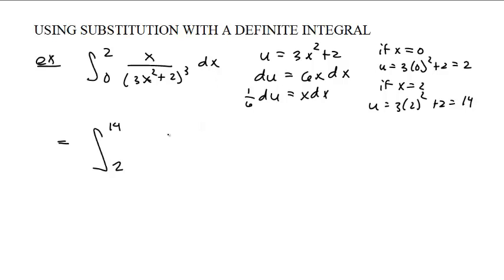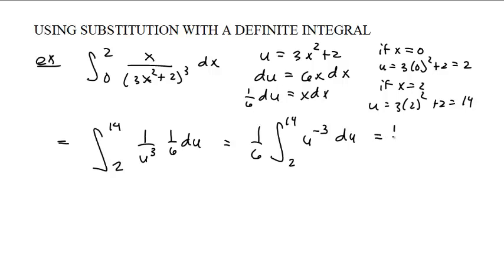This 1 over (3x squared plus 2) cubed becomes 1 over u cubed, and the x dx becomes 1/6 du. We clean this up a little bit, put the 1/6 out front, call this integral from 2 to 14 of u to the minus 3 du, and we integrate that by saying that this is 1/6 of u to the minus 2 over minus 2 from 2 to 14, and that is what?